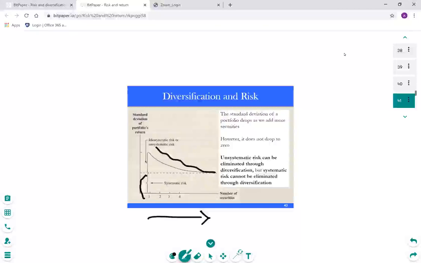Things like natural disasters, hurricanes, outbreaks of disease that affect the whole economy all at once. Diversifying is not going to help with those, and you can't eliminate your exposure to them, but you can eliminate your exposure to idiosyncratic or unsystematic risk, which is the risk that occurs on a small scale, company by company.